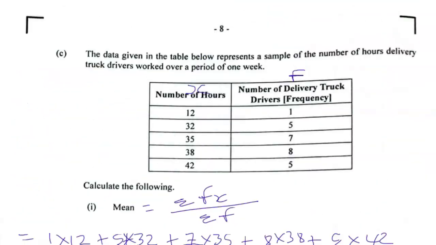So the 13th value, so we have 12 1 time, 32 5 times. That's 6 numbers gone so far. And these 7 numbers, so 1 and 5, 6, 6 and 7, 13. So the 13th number would be 35. And the 14th number would be 38.